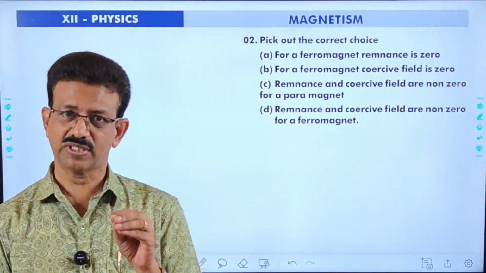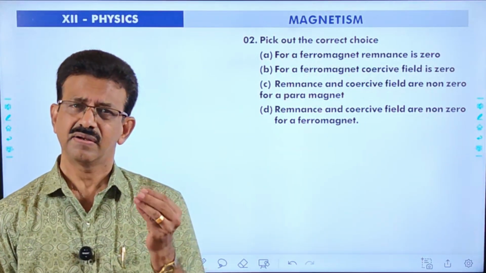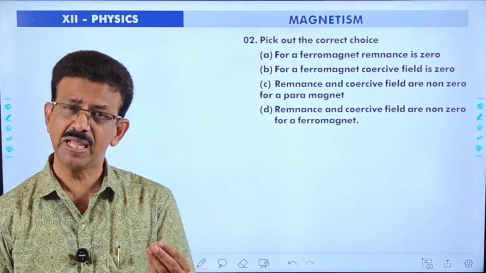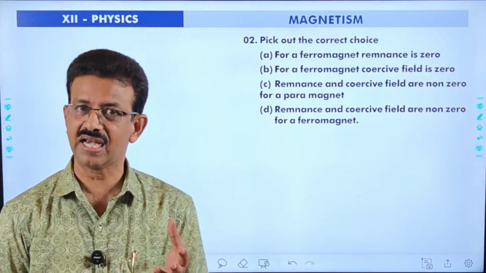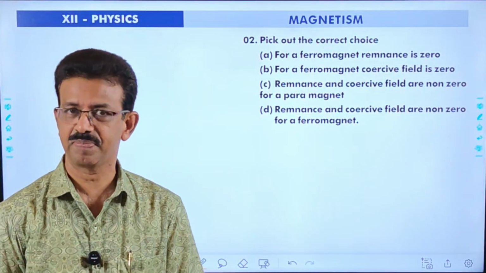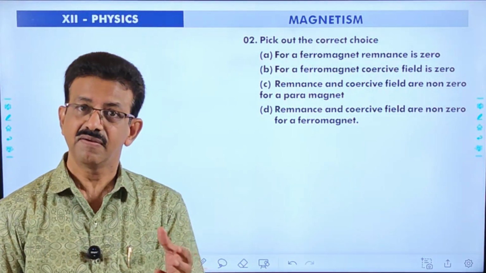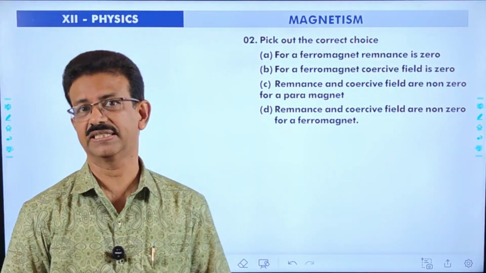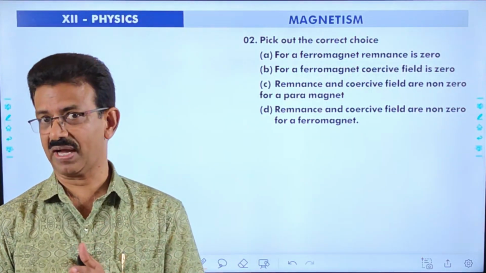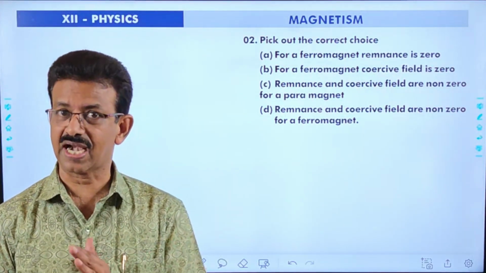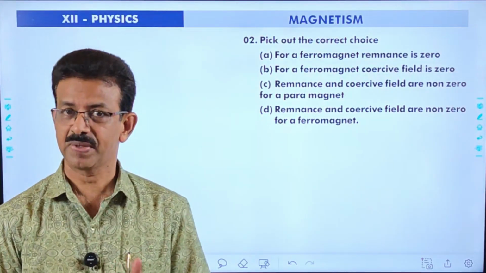First, I'll tell you something about diamagnetic. Substances which are feebly repelled away from a region of magnetization are diamagnetic in behavior. Paramagnets are feebly attracted towards a field. But ferromagnets are strongly attracted towards the field region.